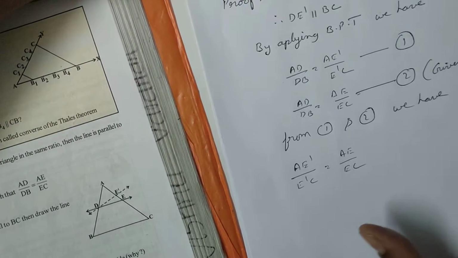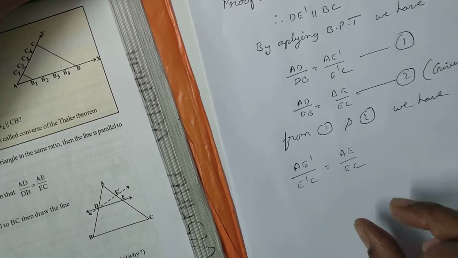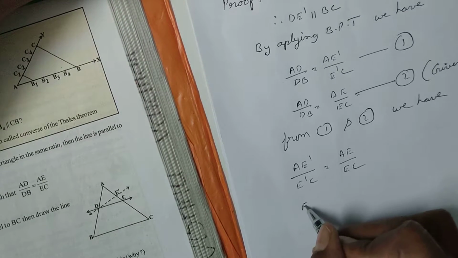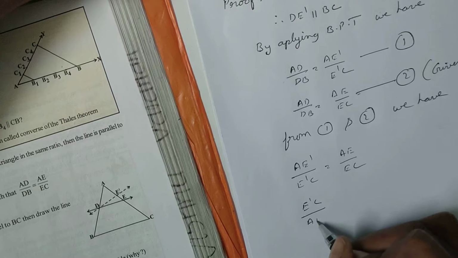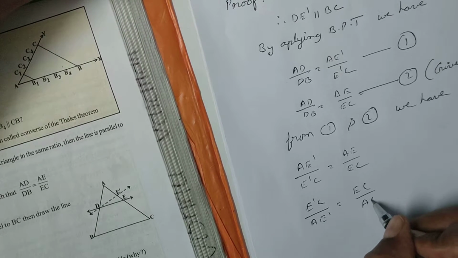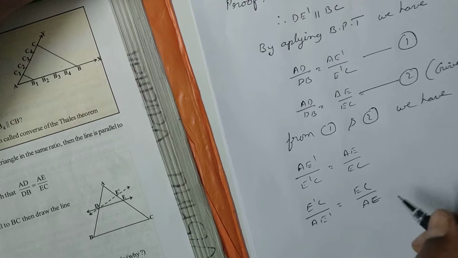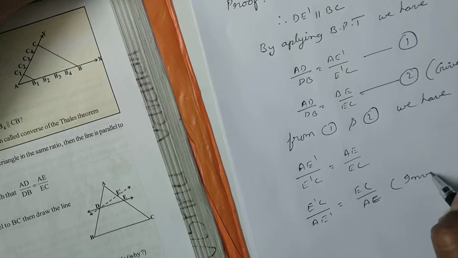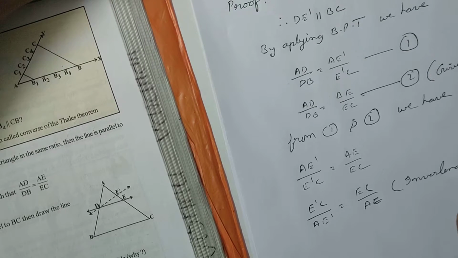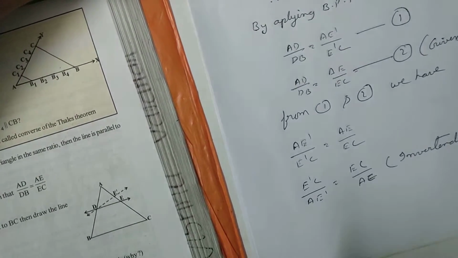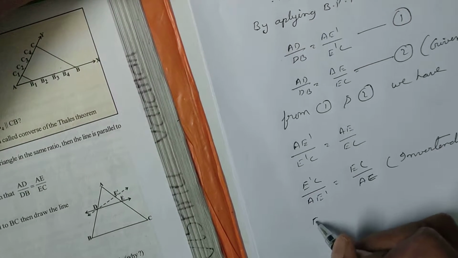So this is the process. Componendo and dividendo means it is a process. What you have to do? First reverse it. E dash C by AE dash is equal to EC by AE. Okay, so it is invertendo. Then you have to add 1 on both sides.